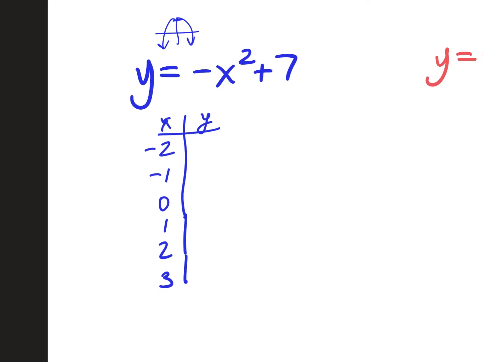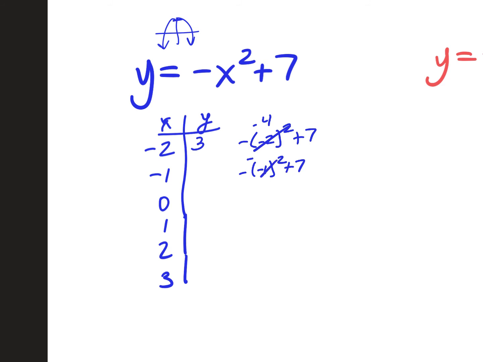So guys, think about this. When I plug in, I have negative 2 squared plus 7. What is negative 2 squared? 4. So you have negative 4 plus 7 is 3. So now I'm going to say negative 1 squared plus 7. What's negative 1 squared? 1.